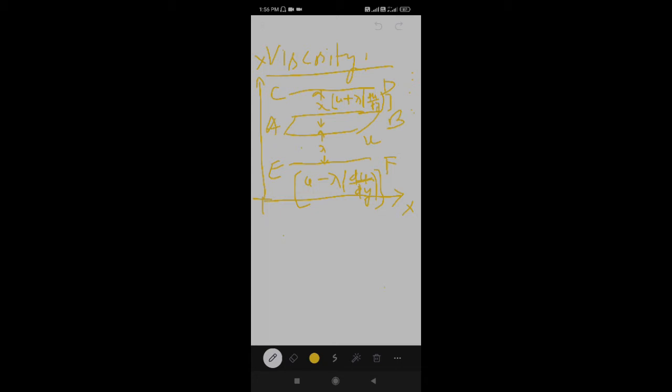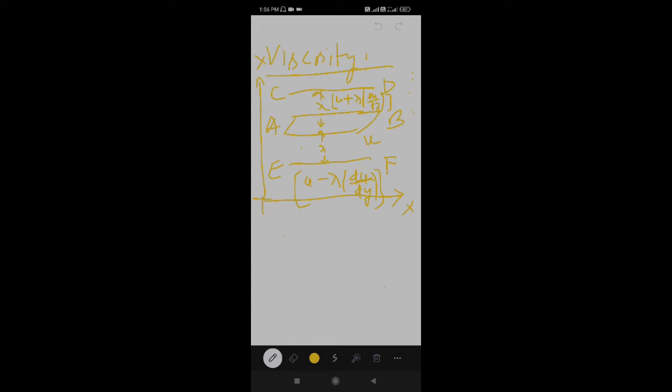Here let us try to define the coefficient of viscosity. These two layers, the upper layer and lower layer, that means the CD and EF layers, are exerting some force on the AB layer.